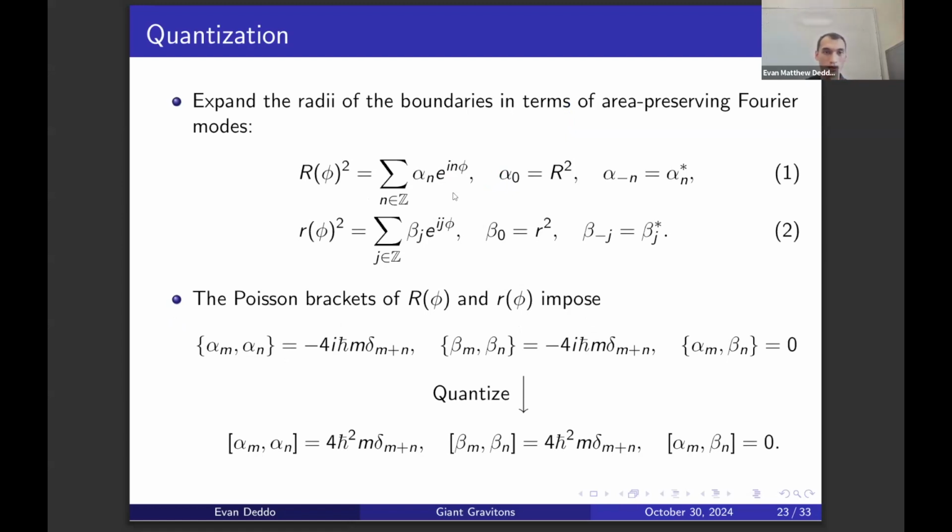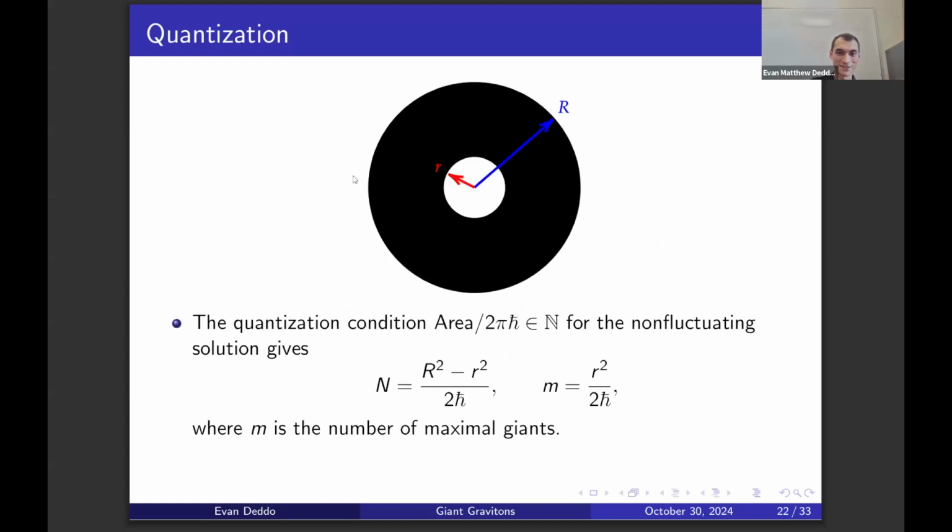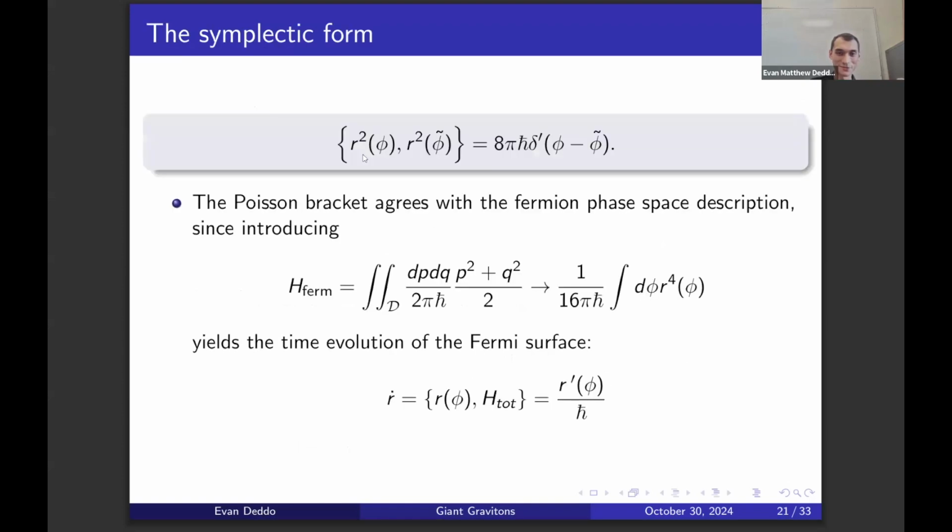So now we can consider what happens if we add fluctuations to the boundary. We can parameterize these equations for the boundaries in terms of area preserving Fourier modes. The most natural thing is to write these as the squares of the radial profiles. For one, because the symplectic form, the Poisson bracket here, already has these r squared.